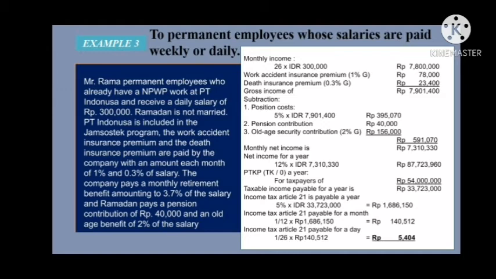Then to search the income tax article 21 payable for a day, we need to divide it with 26 days of work. So the income tax article 21 payable for a day is 5,404 rupiah.